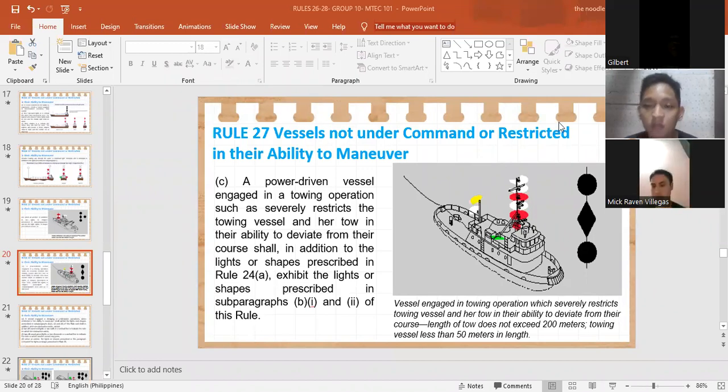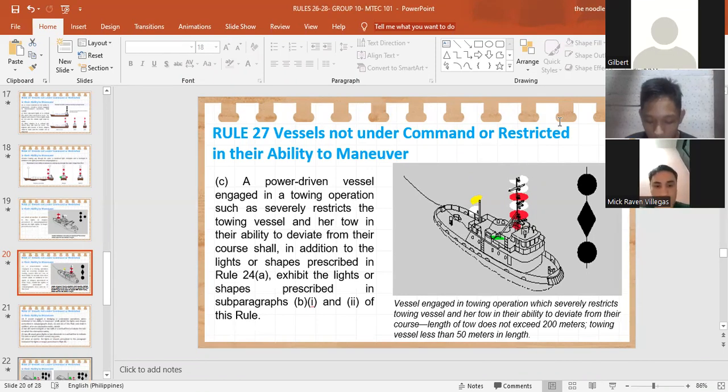Rule 27. Vessels not under command or restricted in their ability to maneuver. Why is a vessel not under command or restricted in her ability to maneuver? The term vessel restricted in her ability to maneuver means a vessel which from the nature of her work is restricted in her ability to maneuver as required by these rules and is therefore unable to keep out of the way of another vessel.